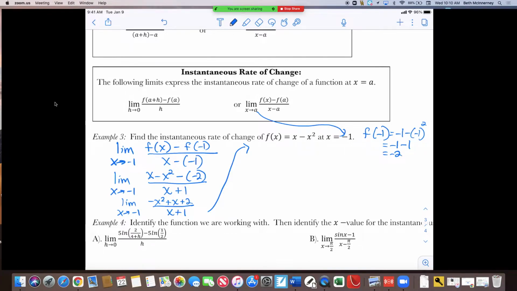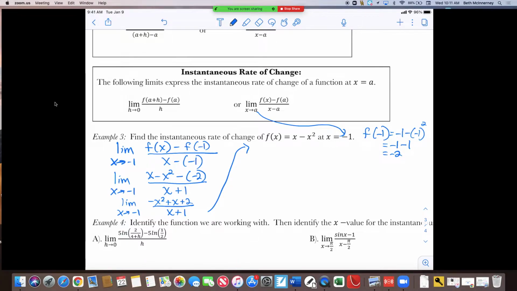All right, if I try to directly substitute, I would be dividing by 0. So I need to try one of my limit techniques in order to evaluate this limit, in order to find the instantaneous rate of change. If you remember back to Algebra 2, one of my plans is this looks like a factoring type of limit.